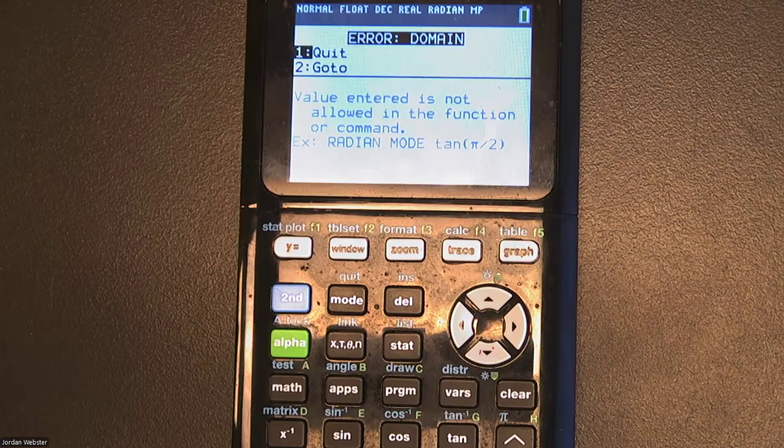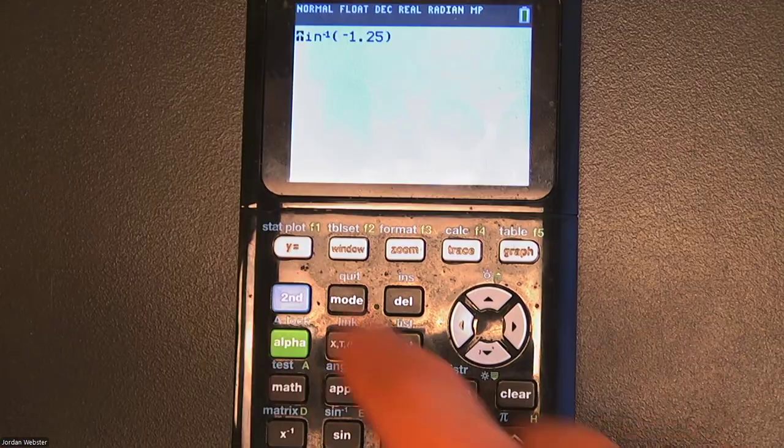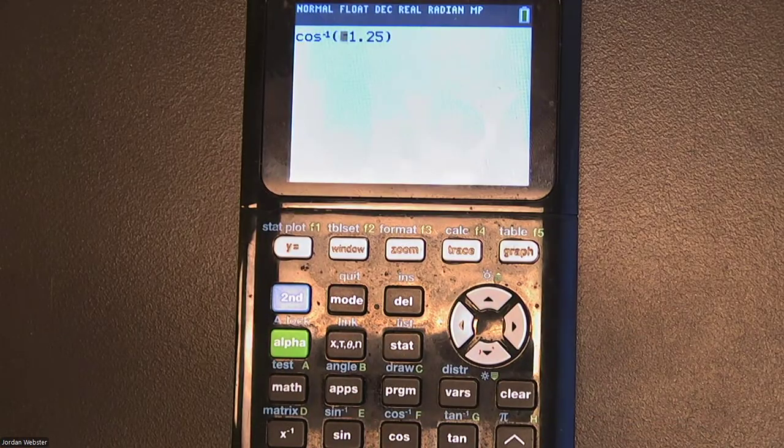The same thing will be true with cosine. If I input cosine inverse of something that was bigger than 1 or less than -1, it's going to give me a domain error because the unit circle goes from -1 to +1.